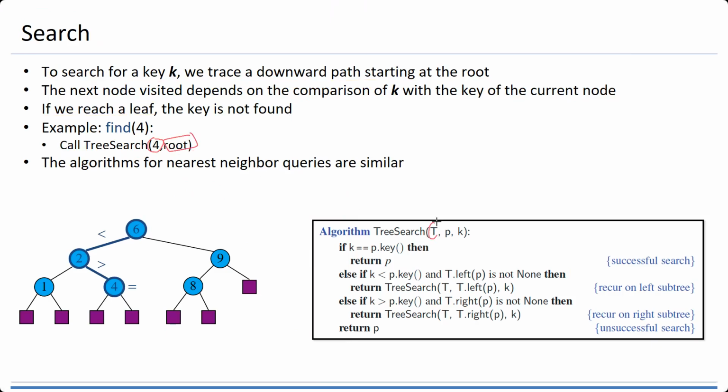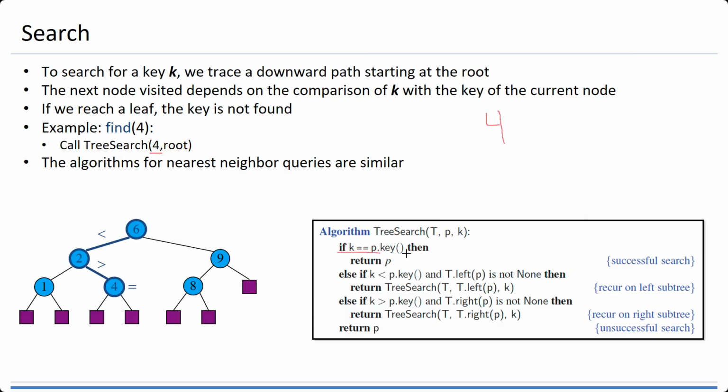So the tree is T, and then I'm going to search for the value 4, and K means the key that you are currently at. So let's say the key K is the root.